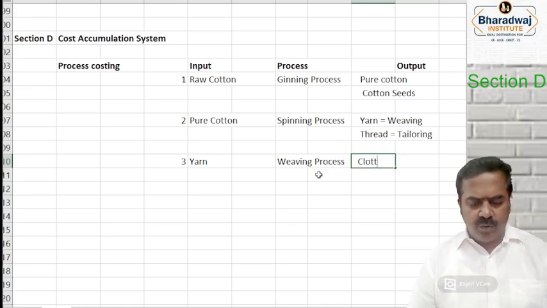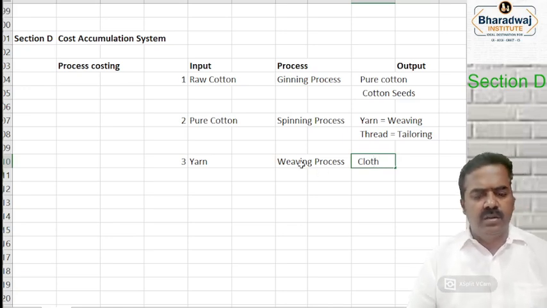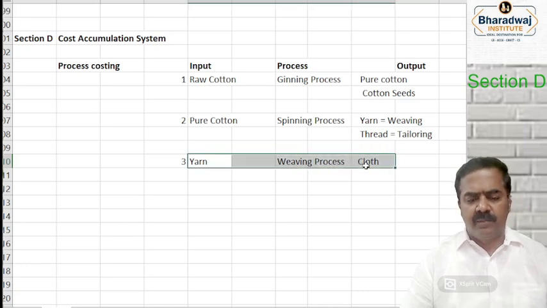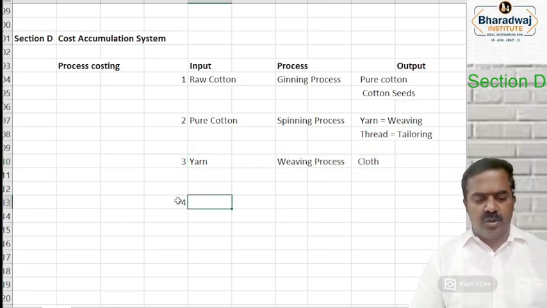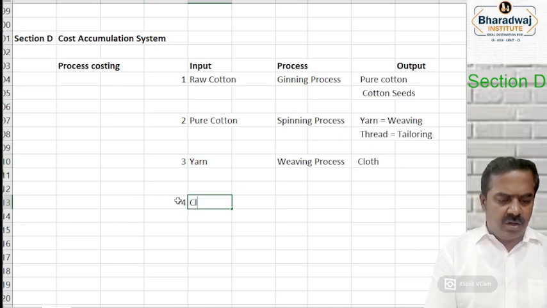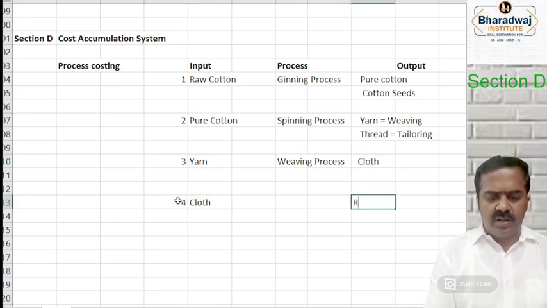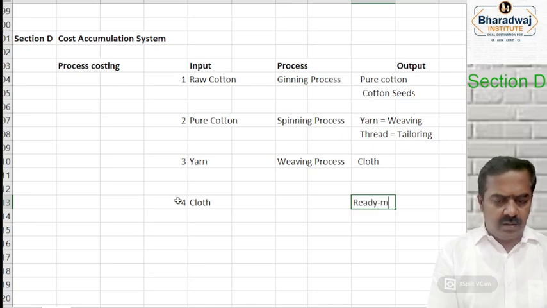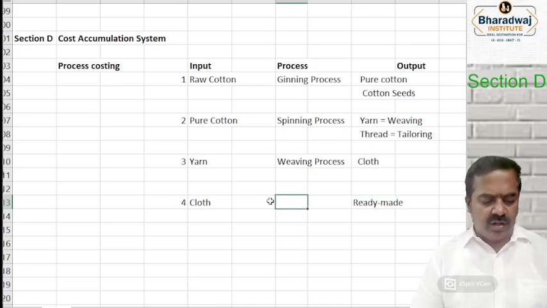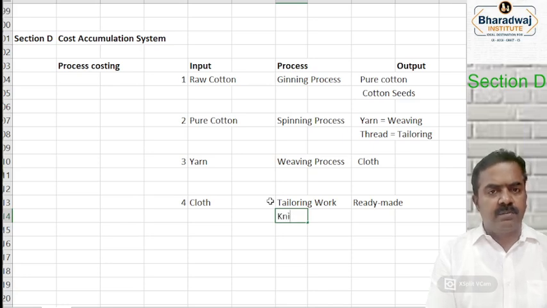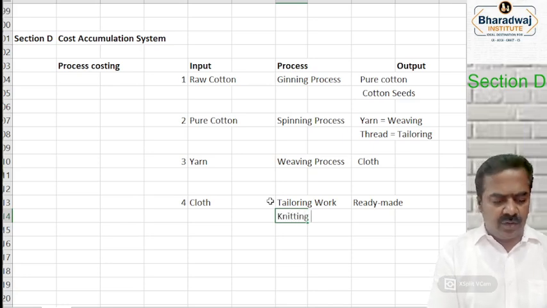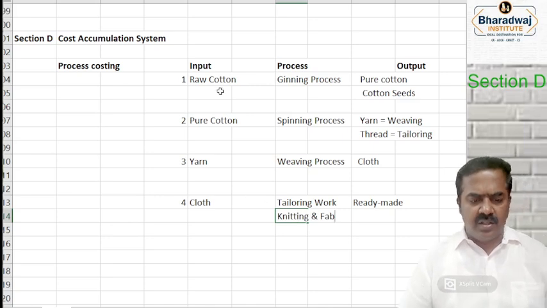Sometimes before weaving we color the yarn, or after getting the cloth we color or print the cloth. Next, the cloth becomes ready-made. This we call tailoring work. In the case of banian factories, we call it knitting and fabrication.